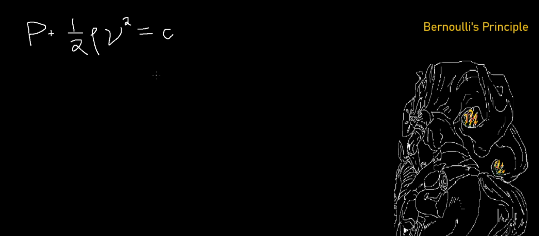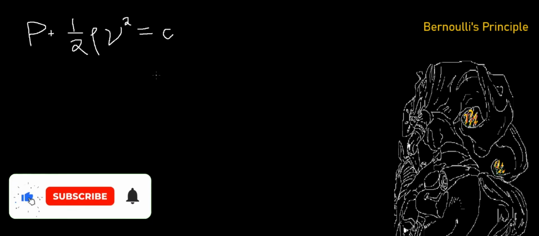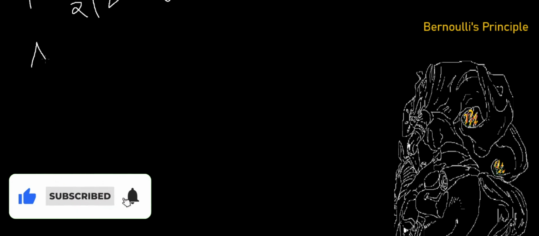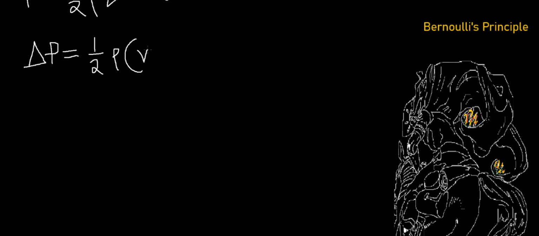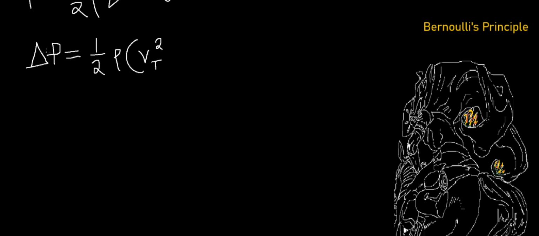So across Gyro's cloak, the pressure difference is written like this. The change in pressure equals 1/2 rho times the velocity at the top squared minus the velocity at the bottom squared.